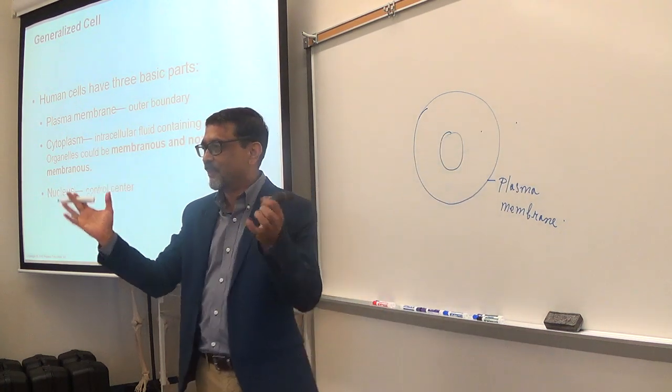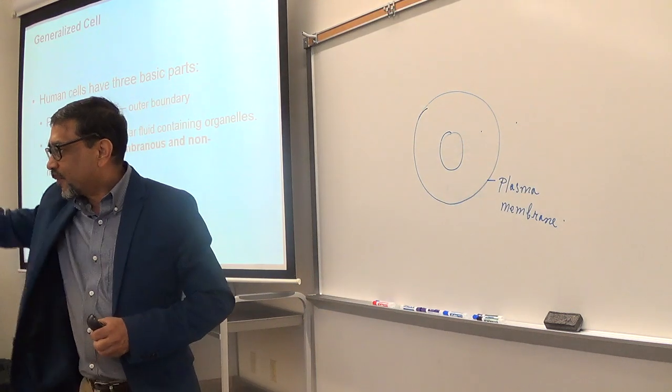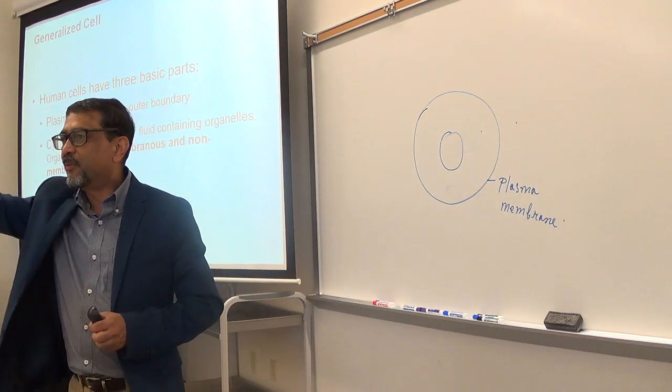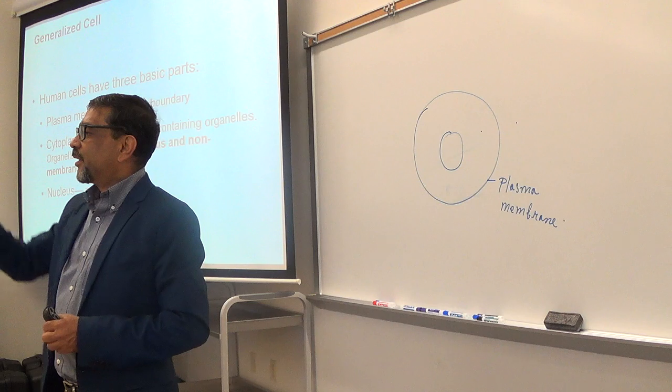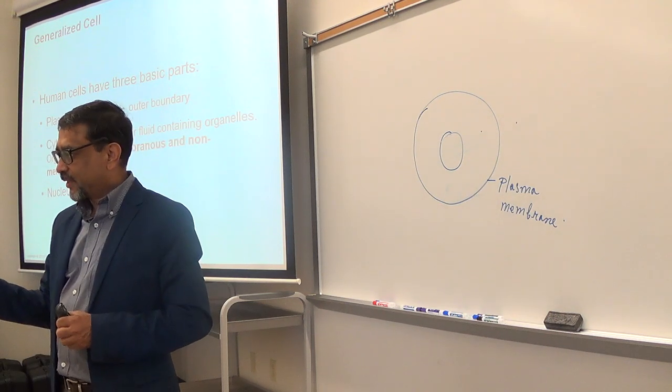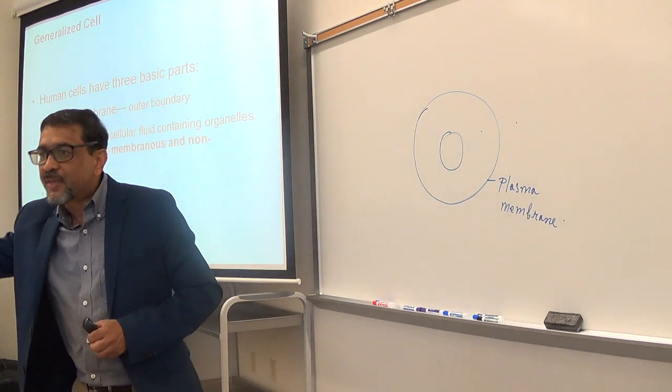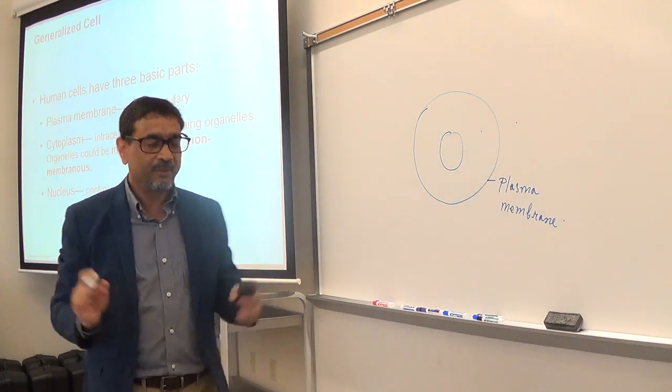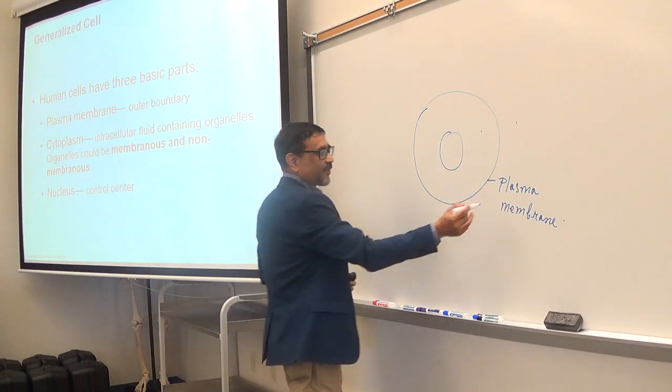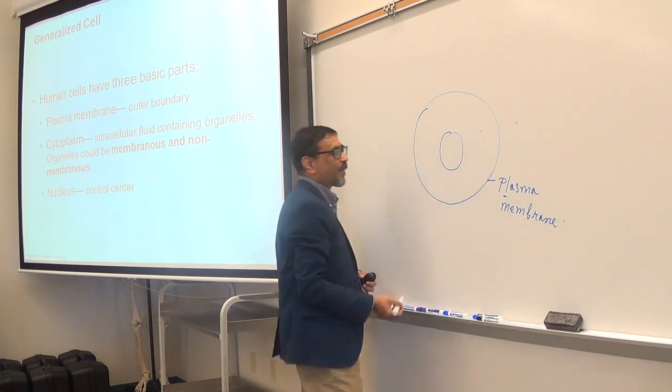Make sense? This is simple. Gives what? Outer boundary, and gives the shape of the cell. Make sense? And separates inside from outside. So those are 3 functions of the cell membrane or plasma membrane.